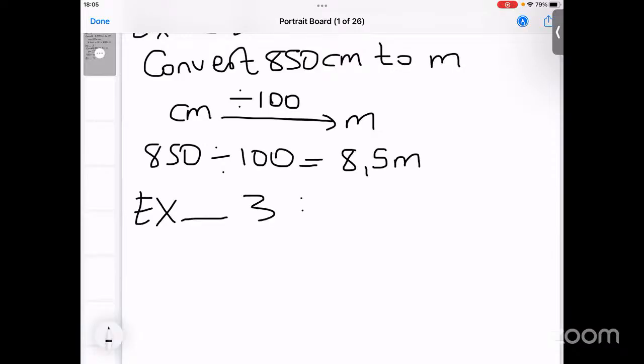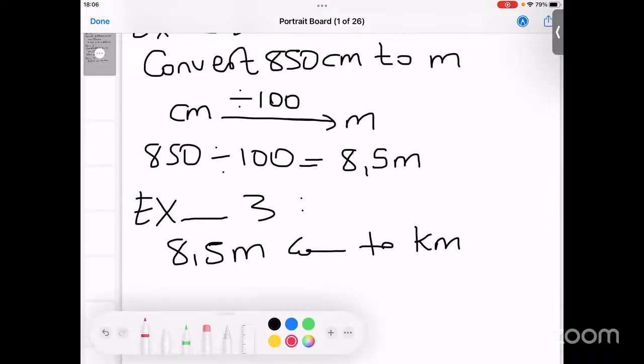And on example number 3, let's take that same 8.5 meters, and then we convert it to, what is it? Let's take it to kilometers. Yes, let us take it to kilometers. What I've always known is that the word kilo means 1,000.